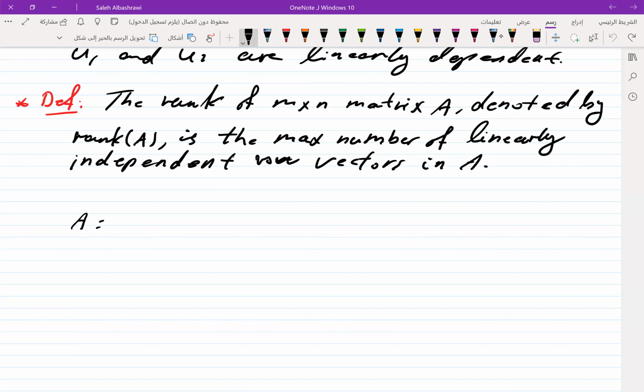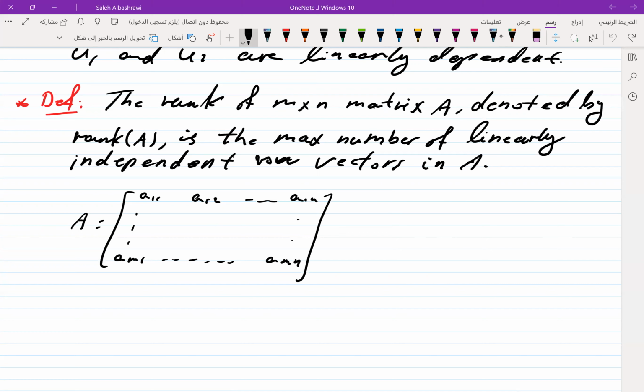Since A consists of row vectors given by A1 up to Am, each one of these rows is called a row vector of the matrix A. Now, if these rows are all linearly independent, then we'll say that the rank is equal to m in this case.